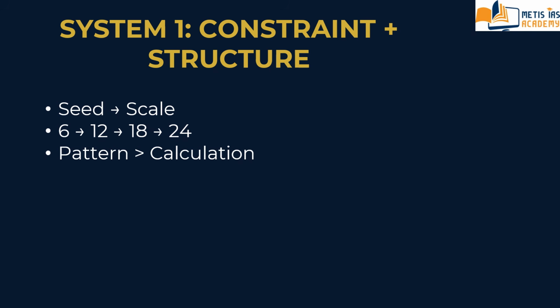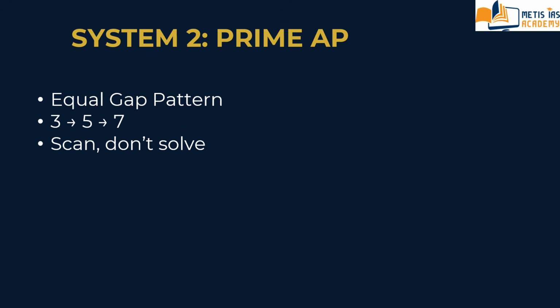So we are moving to system number 2, that is prime structure control. The question is taken from CSAT 2025. Three prime numbers p, q and r, each less than 20, are such that p minus q equal to q minus r.